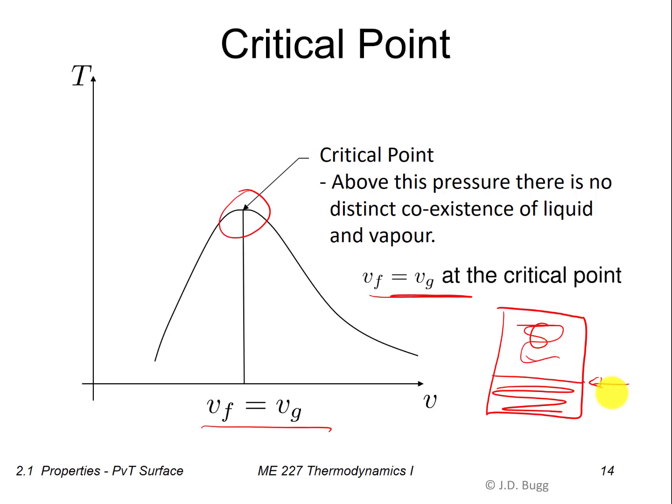We wouldn't see liquid laying on the bottom and vapor on top. It would just be a cloudy soup the whole time. The top and the bottom of the container wouldn't look any different. Okay, so above the critical point, there's no distinct coexistence of liquid and vapor. It's essentially all vapor above the critical point.